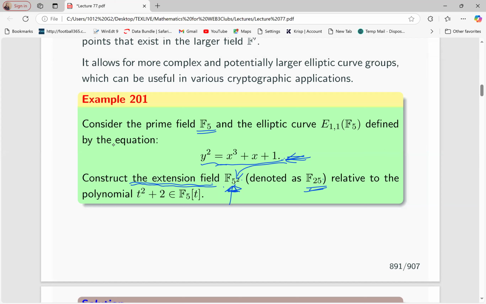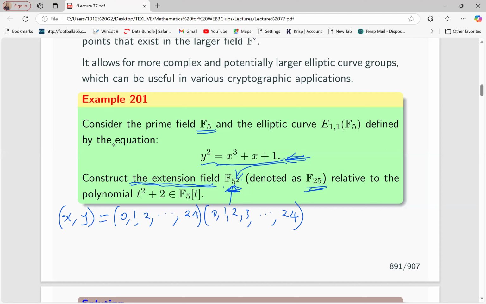Now, you can see that we want to find the points x, y. But we already know that x is 0, 1, 2, and they are going all over up to 24. And y is supposed to be 0, 1, 2, 3, and again all up to 24.